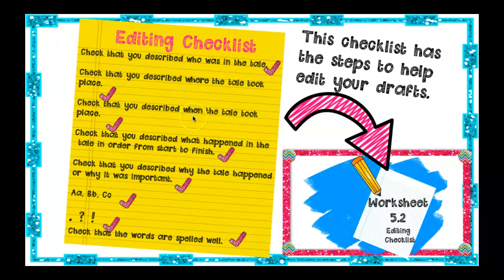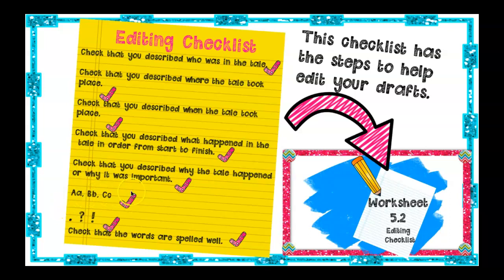Check and make sure you described when it happened. Always, probably the most important part, you have to give the events. Tell what happened in the beginning, the middle, and the end. And also describe why the tale happened or why it was important.